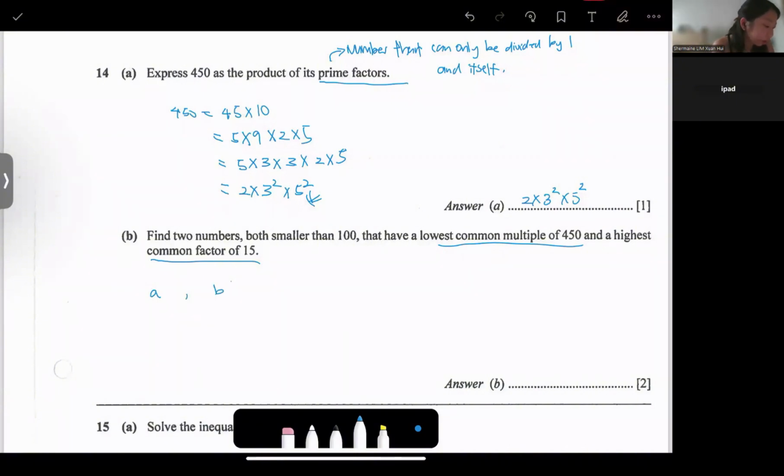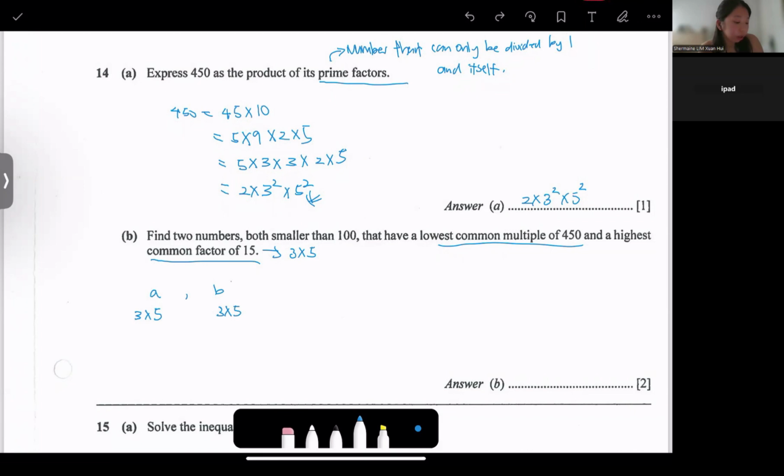Okay, so each of them has, why 3 times 5? Because 15 represented in their prime numbers is 3 times 5. So both of them have 3 times 5 in there.